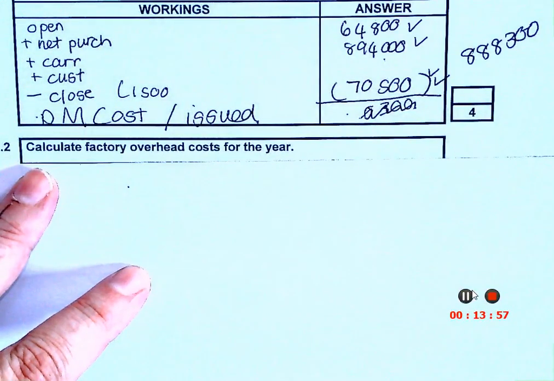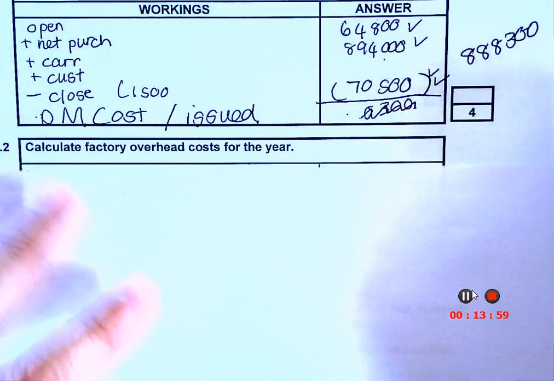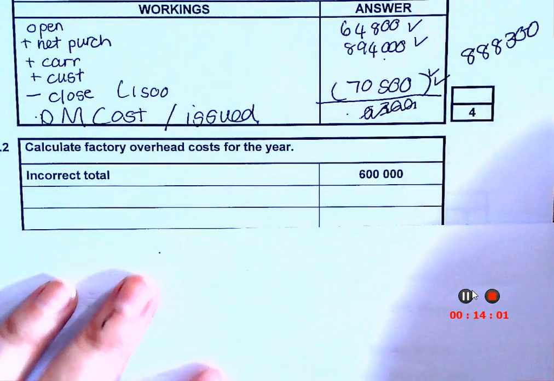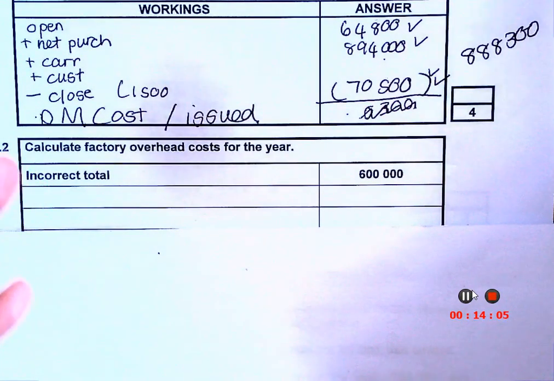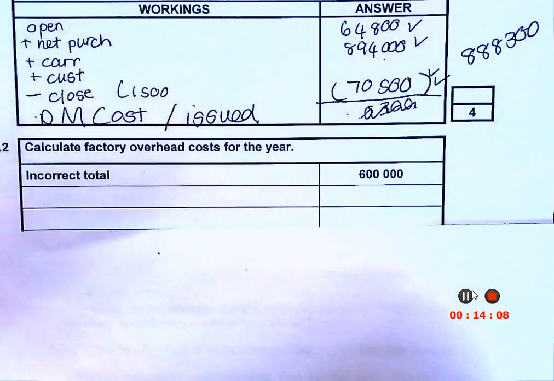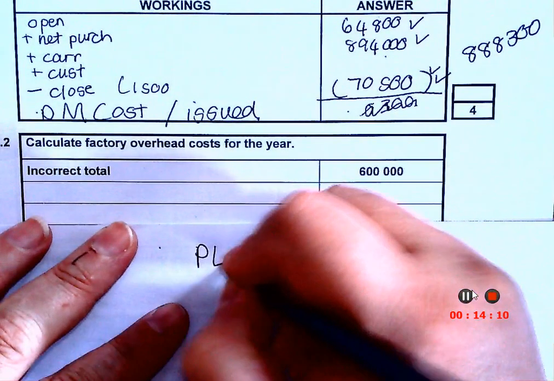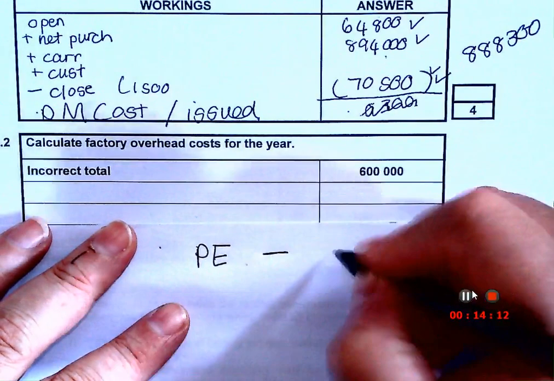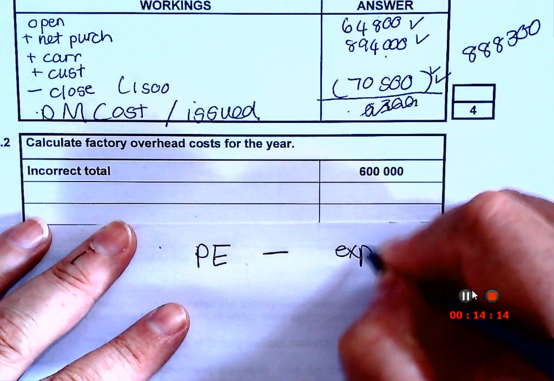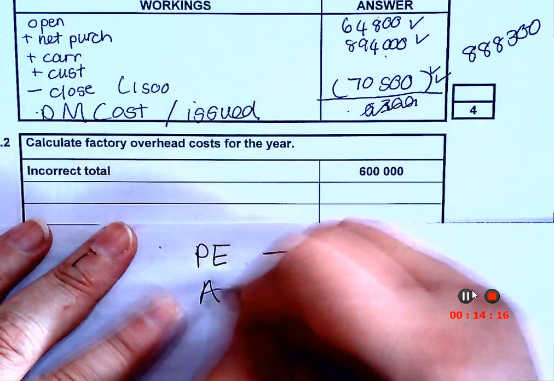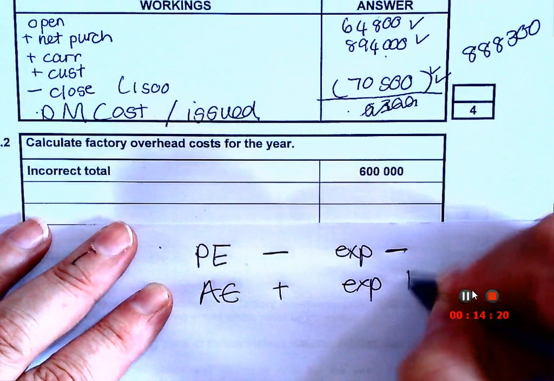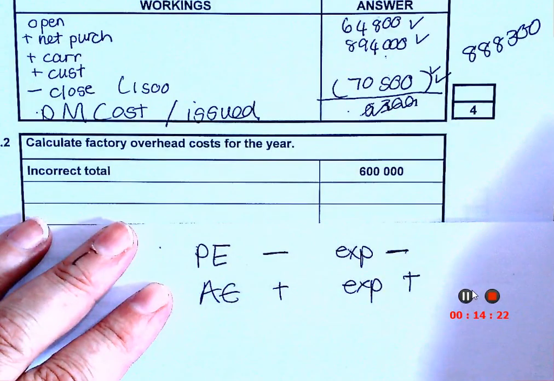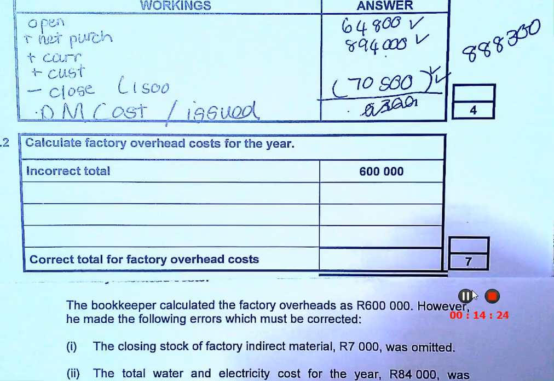Okay, no, we are not working with profit here. We're working with factory overheads. So factory overheads is the expense. If it's a prepaid expense, it will make my expense less. If it's an accrued expense, it will make my expense more.